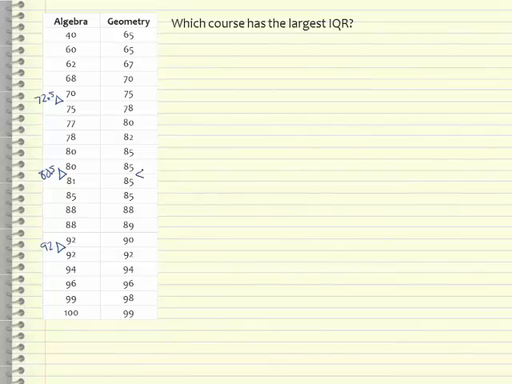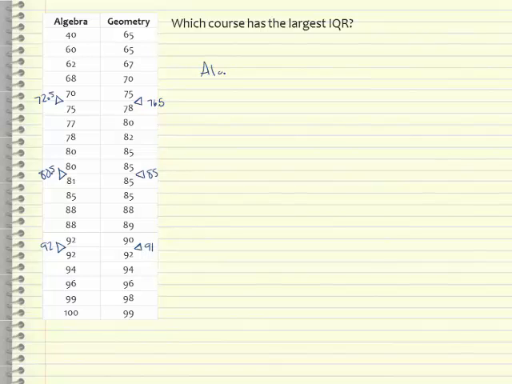Then on this side we had 85, 91, and 76.5.